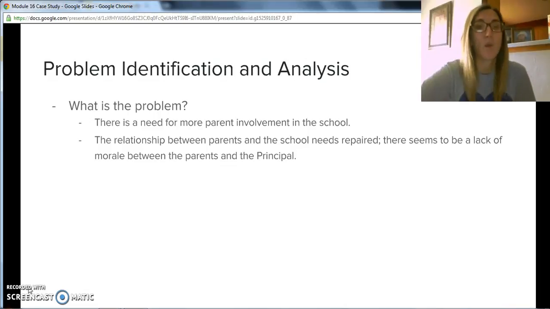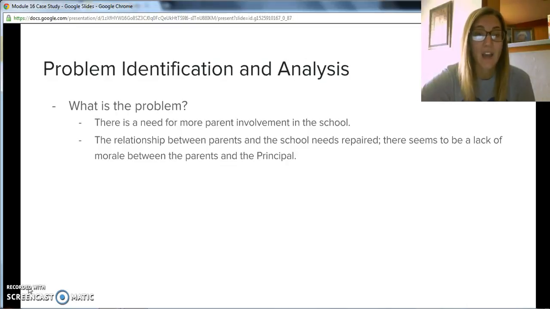So to identify what the problem is, there is a need for more parent involvement in this school. Just having them volunteer at lunch duty is not sufficient for the kids to feel supported and for those parents to be valued stakeholders in their kiddos' education. So we definitely need to address that problem. And the relationship between parents and schools seems as though it needs some repair.